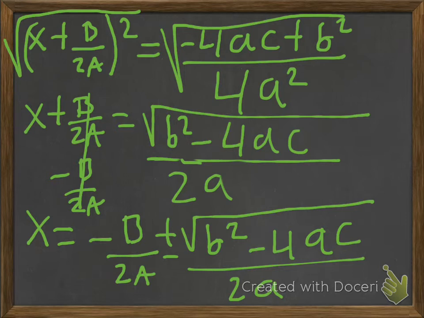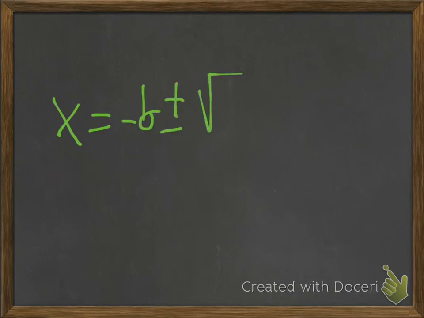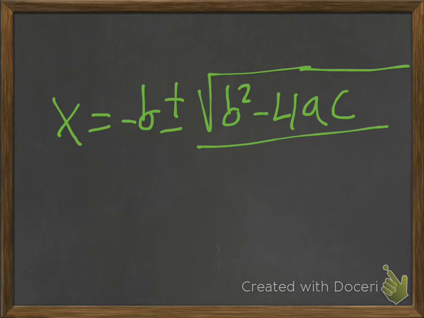So now you get x equals negative b plus or minus the square root of b squared minus 4ac, over 2a.